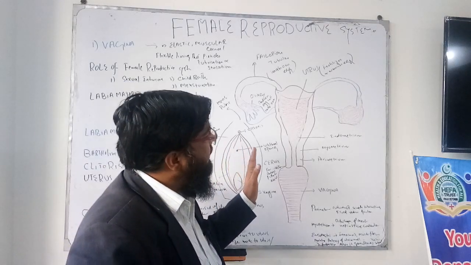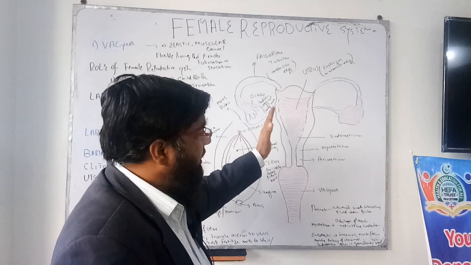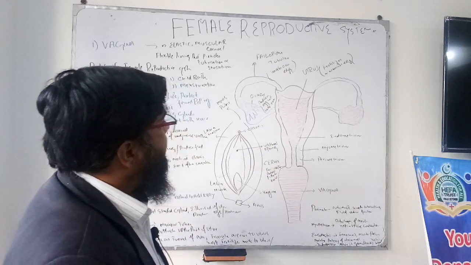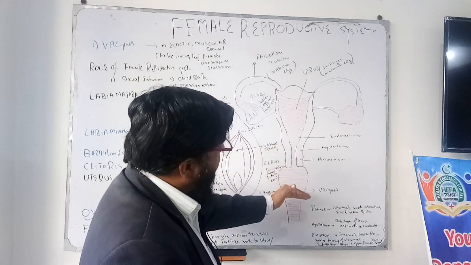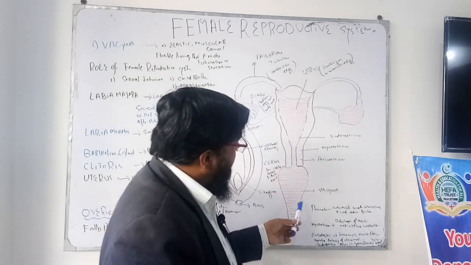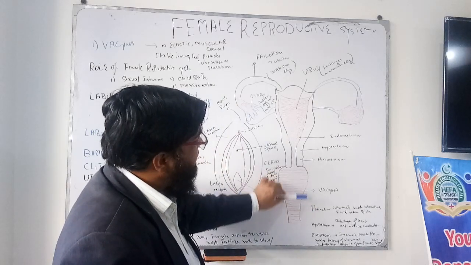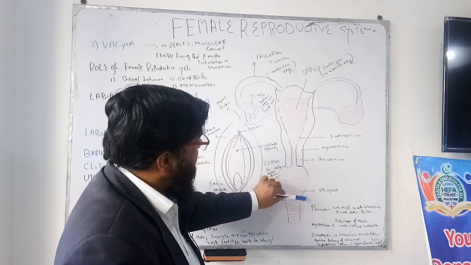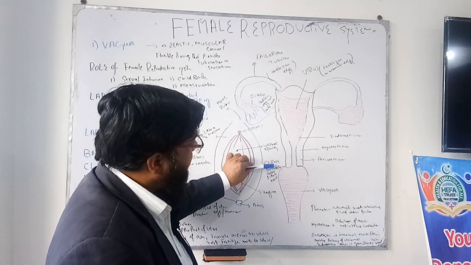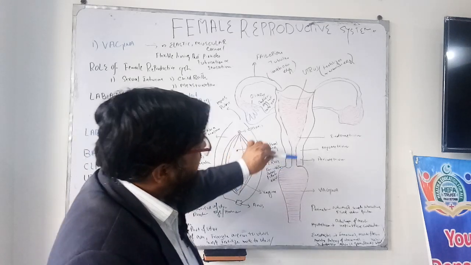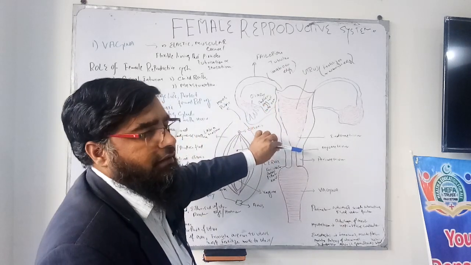Now we discuss the internal view of the female reproductive system. If you look at the diagram, we start from here. This is the vaginal opening, and from here this is called the vagina, and this portion is called the cervix. Then the vagina has three layers.